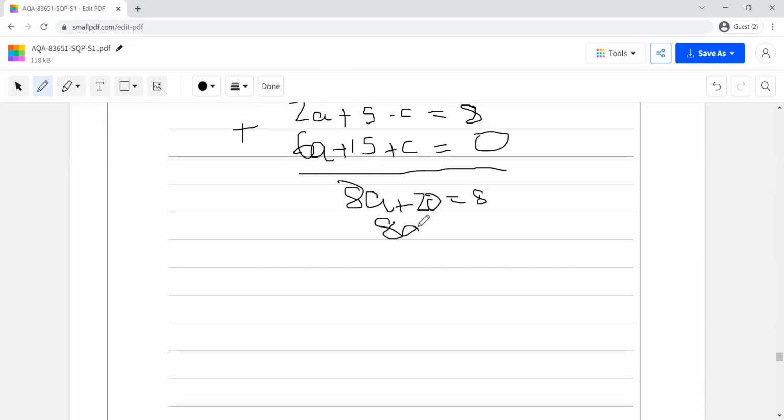So 8a equals minus 12. So a is equal to minus 3/2.